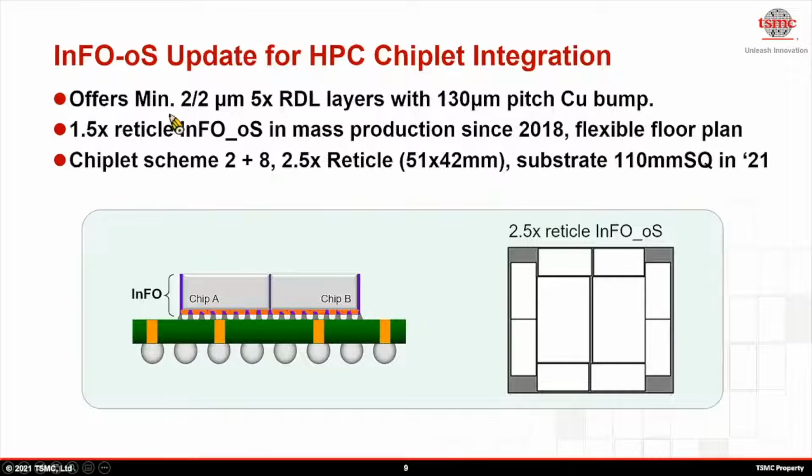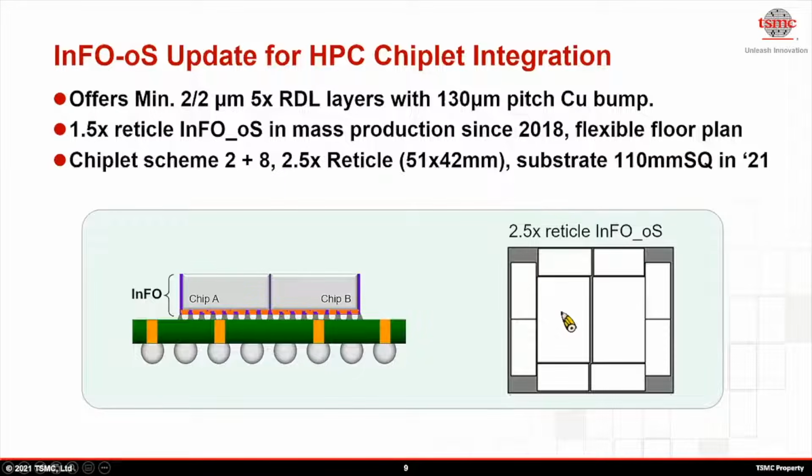And this year, we're going to provide you a new chiplet scheme with 2 plus 8 chiplets. And it has a 2.5 reticle size. It's about 51 by 42 millimeter. Substrate size 110 millimeter square.